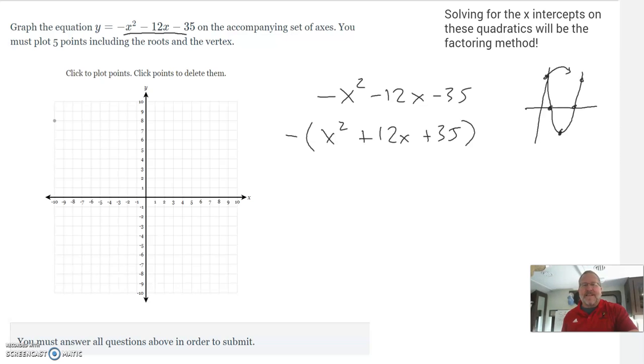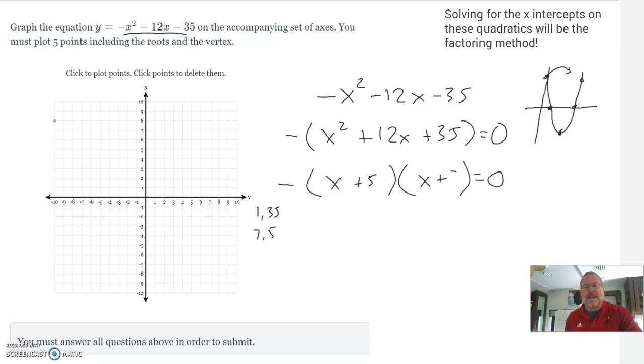I think the x-intercepts are the way to go first. Let's get the x-intercepts. Let's set this equal to 0. So if you set this equal to 0, we have to remember how to break down these into binomials. So I'm looking at factors of 35 and hopefully, I think I found it, 7 and 5. Yep, 7 and 5. Remember, that's a guess and check game.